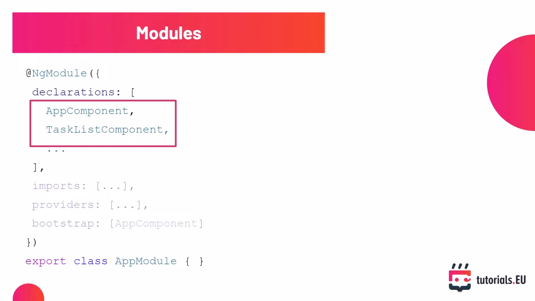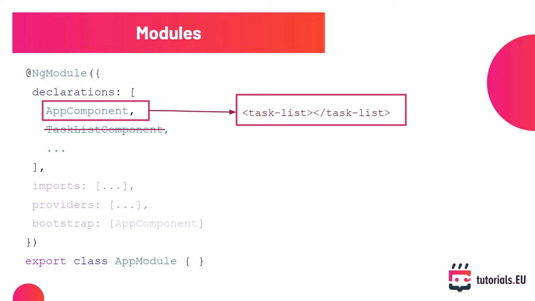Inside of our app module, the task list component was added into the declarations array. And this declarations array contains the components that this module packages. So if you remove the task list component from the declarations array of the app module, the app component won't be able to load it anymore, and calling its selector will throw errors.